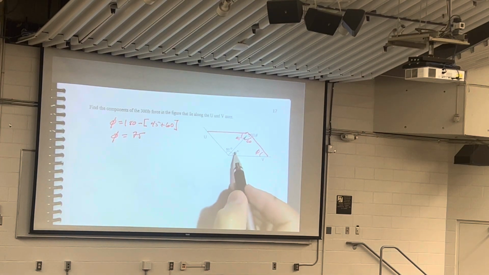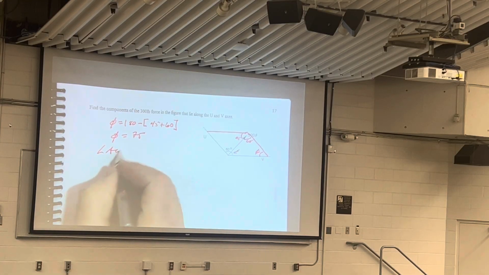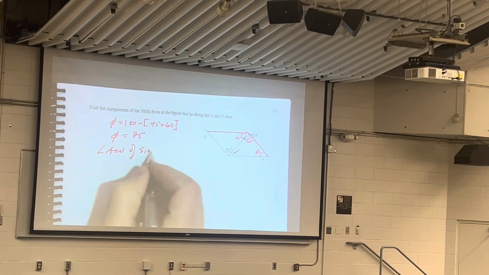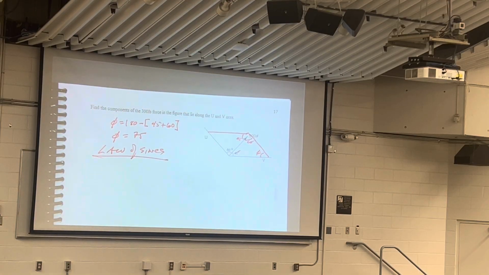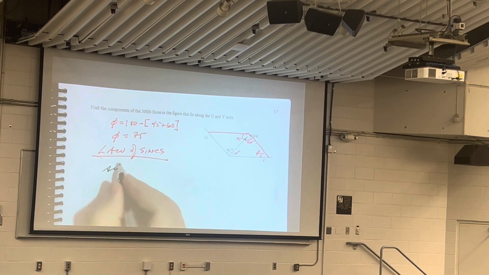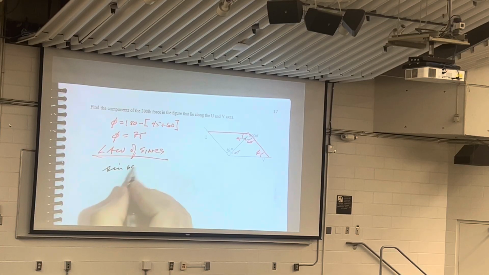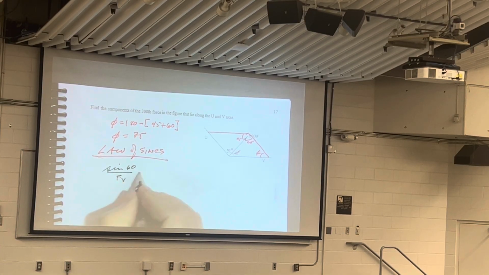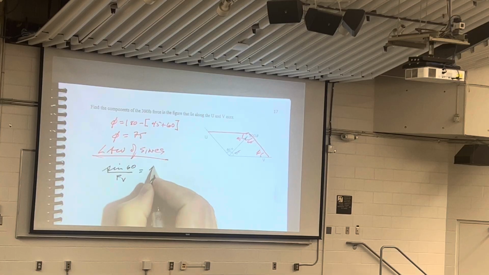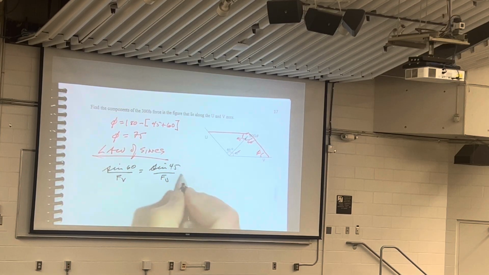Now I have 1, 2, 3, and one side that tells me I need to do the law of sines. Law of sines kicks in, and I've got sine of 60 over FV, sine 45 over FU, and sine of 75 over 300. Sorry, 75.